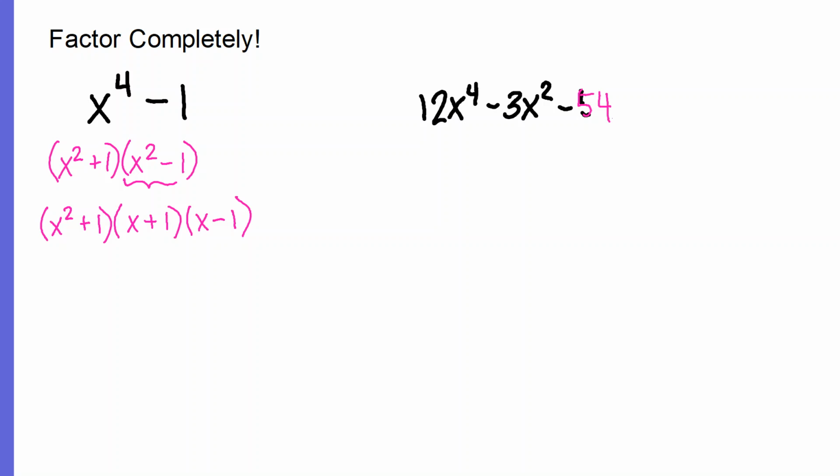Okay, so this here has a GCF of 3, so we're going to pull out the 3. So that's going to leave us with 4x to the 4th minus x squared minus 18.